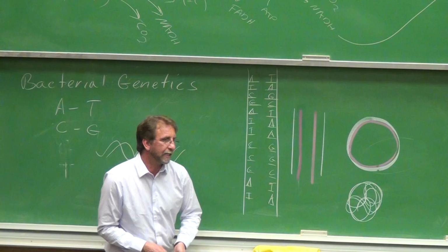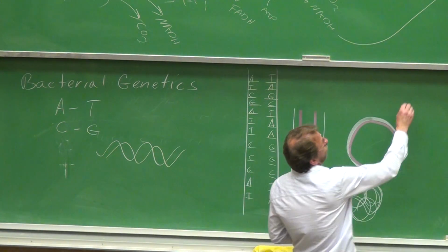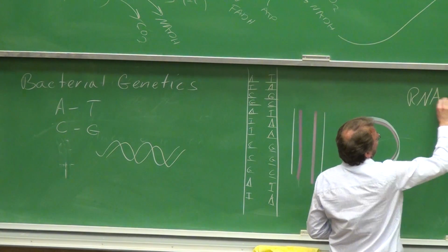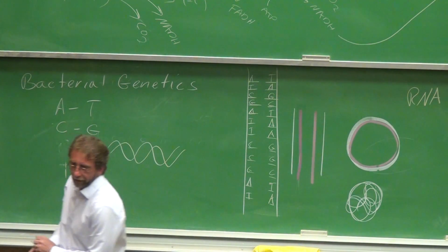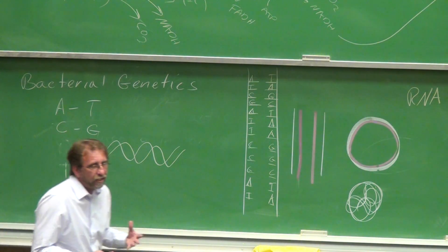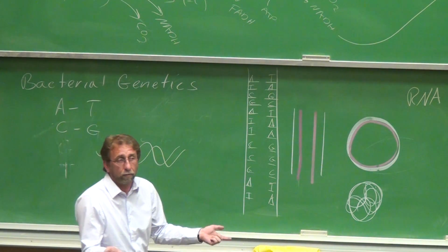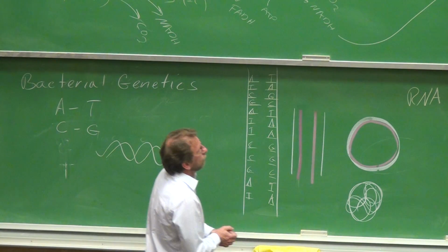The other thing that the DNA molecule does is it codes for messenger RNA, or for RNA in general, ribonucleic acid. Now this molecule has a number of roles, and there are a number of types of RNA: messenger RNA, transfer RNA, ribosomal RNA, and we are still discovering RNA molecules that we're not quite sure what role they're playing.